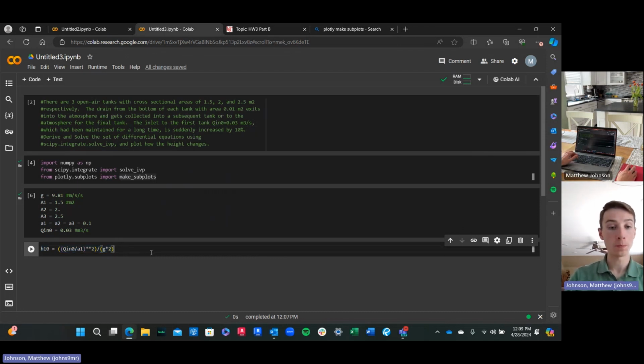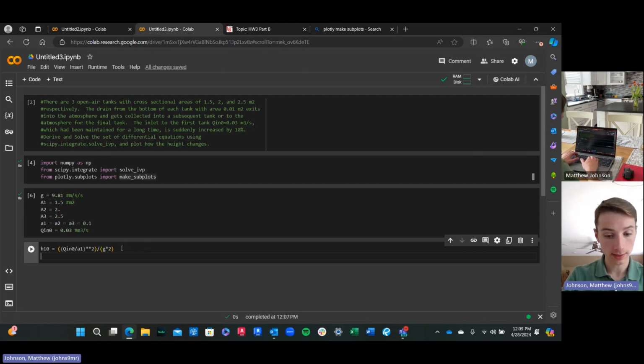fluid in tank 1. We'll need this for each tank, so I guess I'll just retype it. H2 naught is equal to Q in naught over A2 squared divided by 2G.